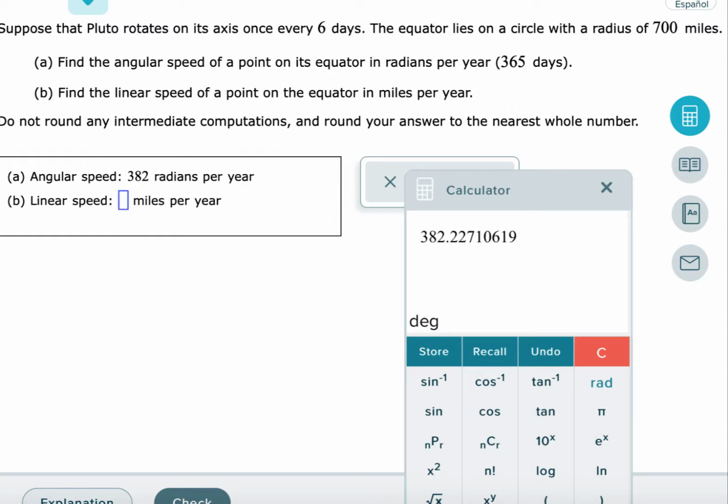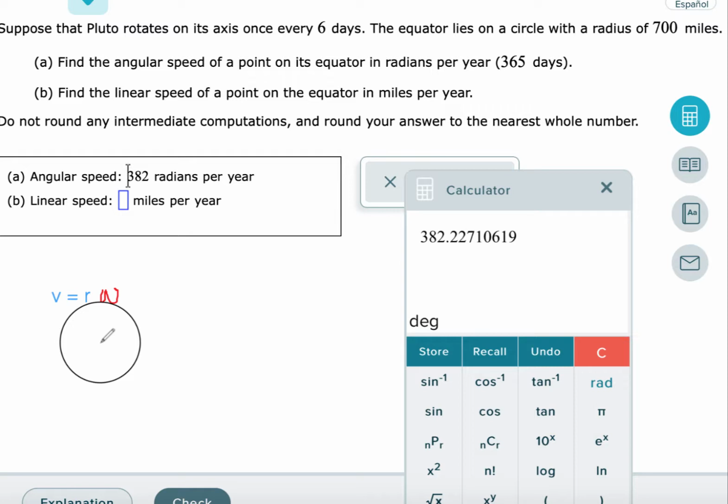The next example says, now let's find the linear speed in miles per year. So there's a relationship between linear speed and angular speed, and that's the formula that V equals R times omega. So that's my futile attempt to draw an omega.